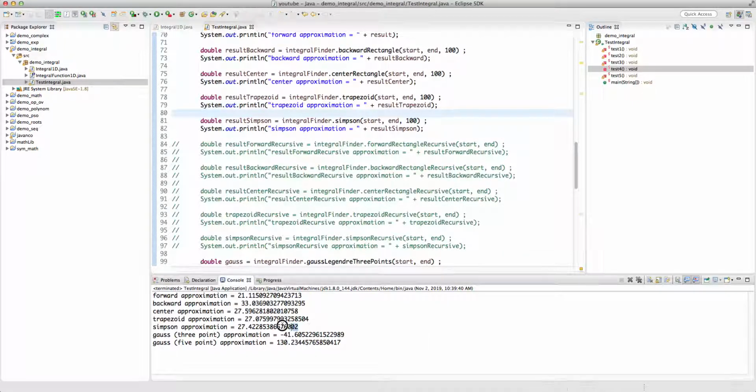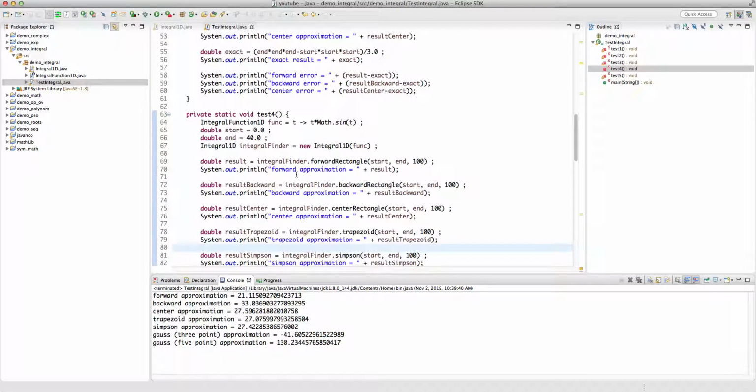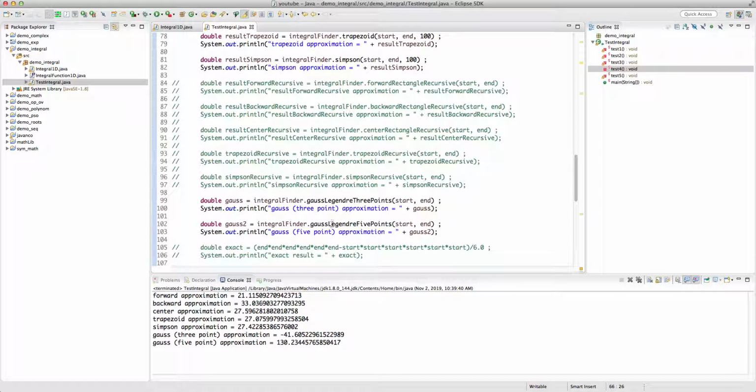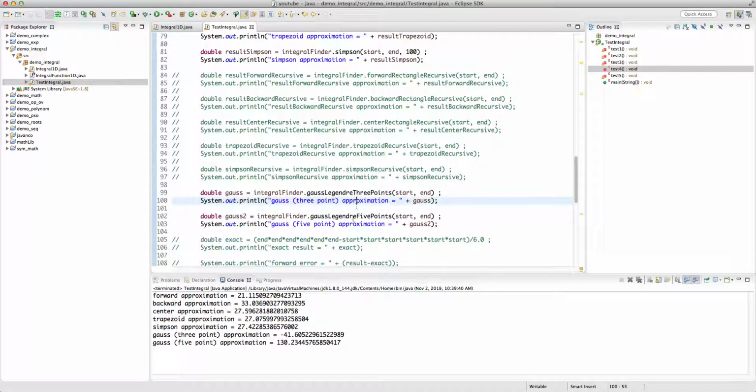And as you can see, all of these approximations, especially the trapezoid, Simpson, and the center rectangle approximation, give a pretty decent result, but the Gauss 3-point or 5-point is just pretty much garbage. And that's why if the interval is very large, it just loses its accuracy, 3-point or 5-point.